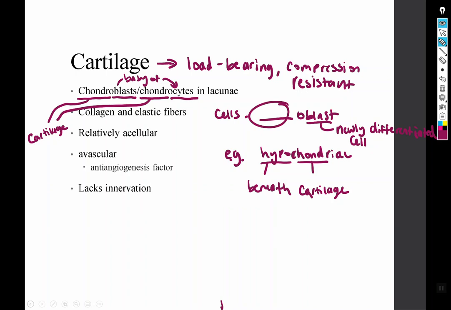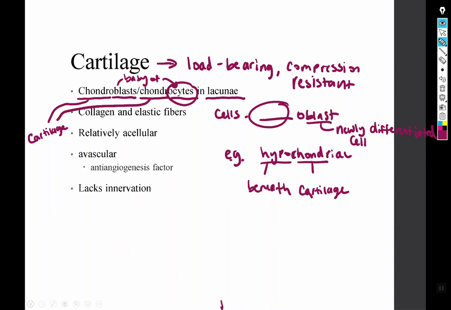Plural is lacunae. And once it's walled off completely and it lives in this little empty space that's kind of like a cell apartment, then we consider it to be a chondrocyte. It's grown up, it's built itself its own little house, and now it is considered mature, and it is now a -cyte. So that's the reason for that terminology difference.